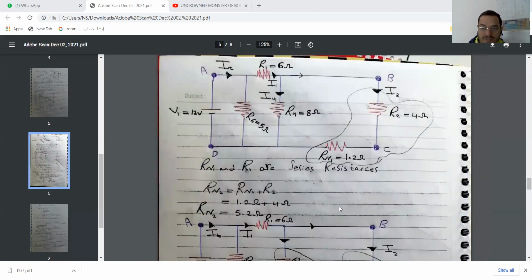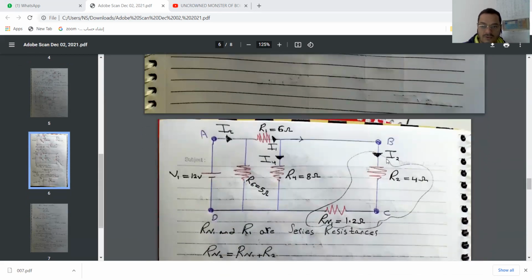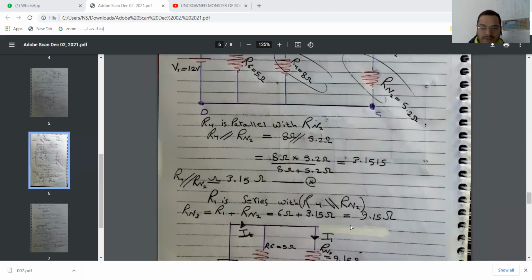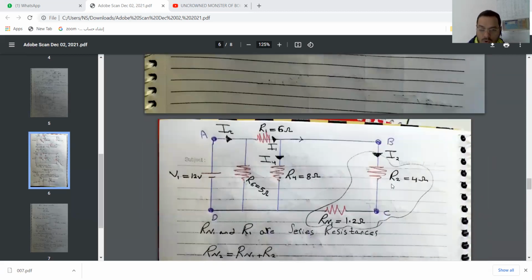Sorry, I2 equal I1 dot R4 divided on R4 plus Rn2, because these two resistances are series resistances, so when we calculate all of these, we will find Rn2. That means I2 equal I1 dot R4 divided on R4 plus Rn2.